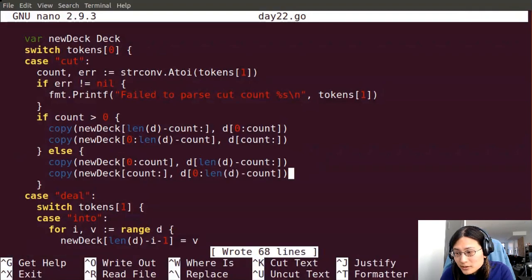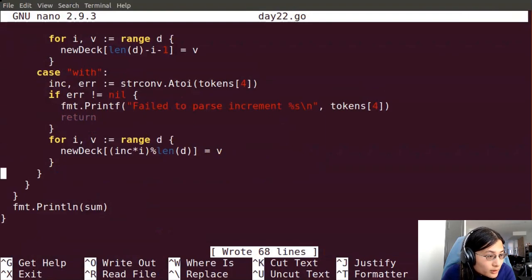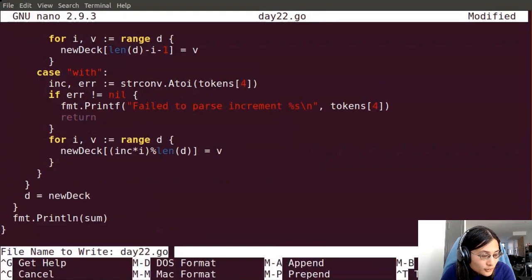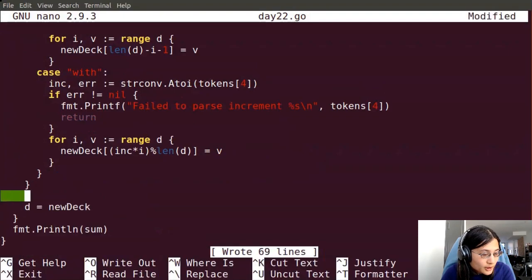Okay, I think something like that should do it. Then finally, we do set, and let's just debug it.